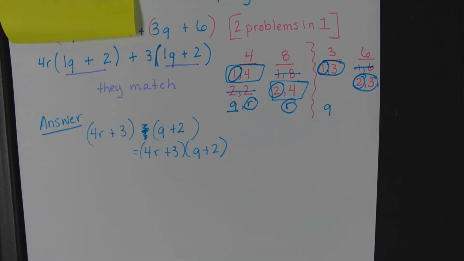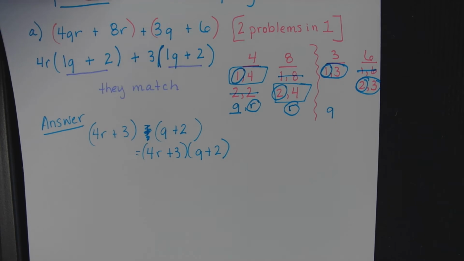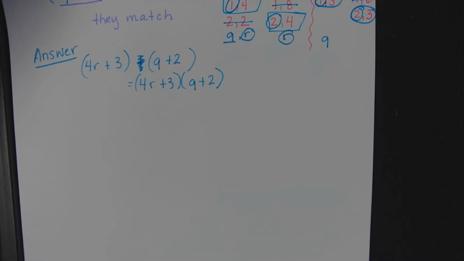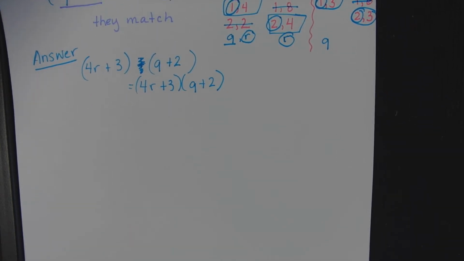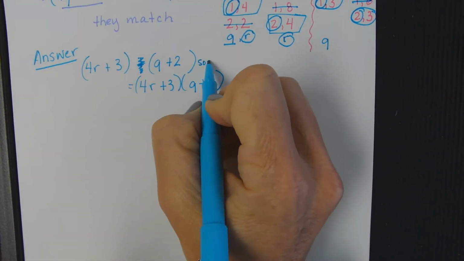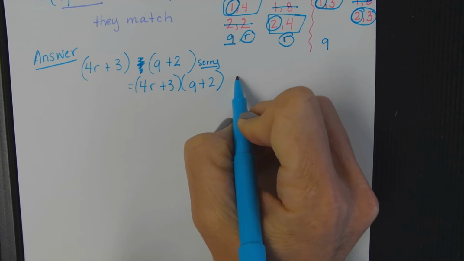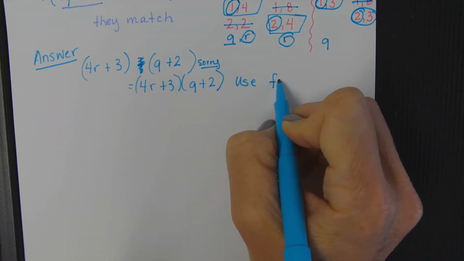Now, how can I check this? We don't distribute here. What does this look like? Starts with an F. FOIL. Right now I want you to use FOIL to check. You do that by yourself.